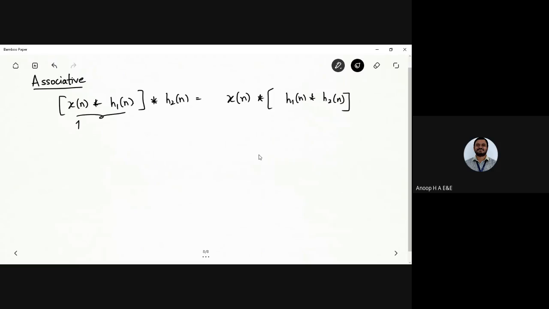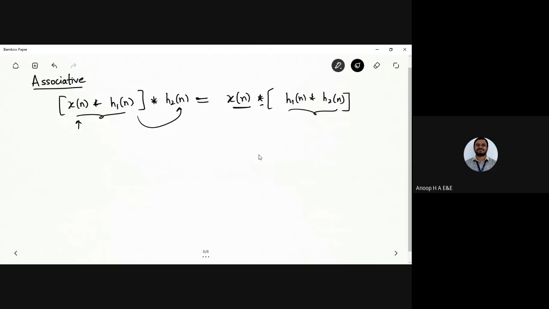First, the convolution is performed on the input signal and the first impulse response, h1 of n. Then that result is convoluted with h2 of n. Next, x of n convoluted with the result of two signals, that is h1 of n convoluted with h2 of n.